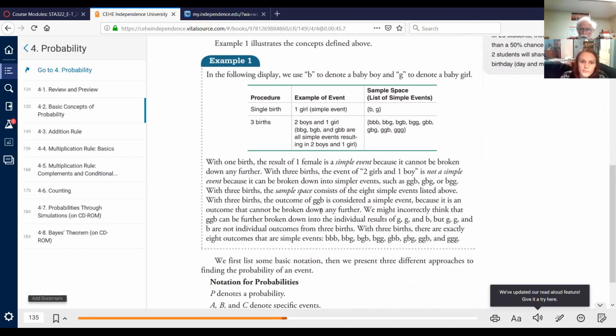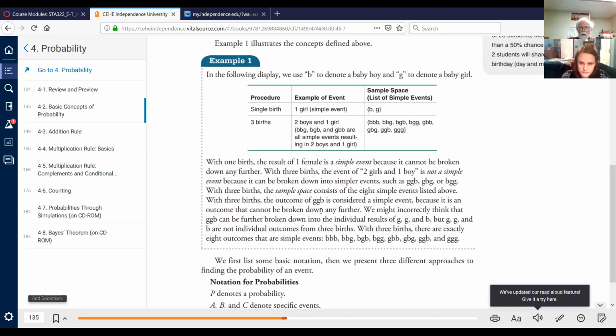Okay, so in this particular case, the way the data are presented, each procedure is these 3 births, whereas a single birth is its one procedure. 3 births would be 3 procedures.